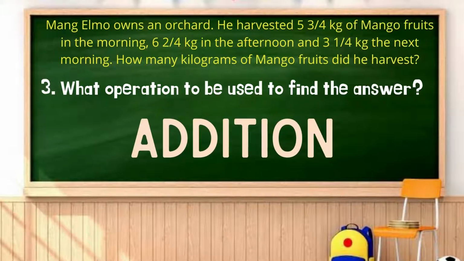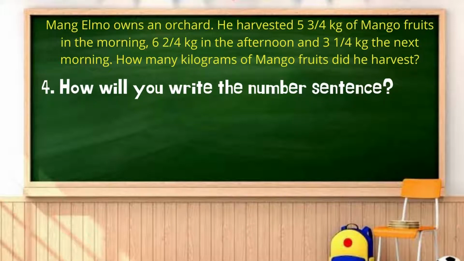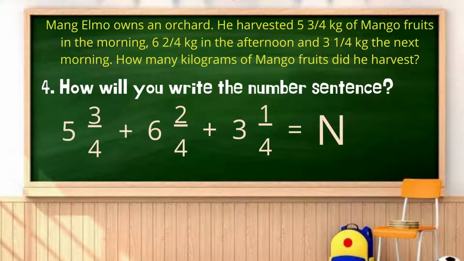Addition is the operation that we are going to use. And for number 4, how will you write the number sentence? Any volunteer? Correct. So the number sentence is 5 and 3/4 plus 6 and 2/4 plus 3 and 1/4 is equal to n.